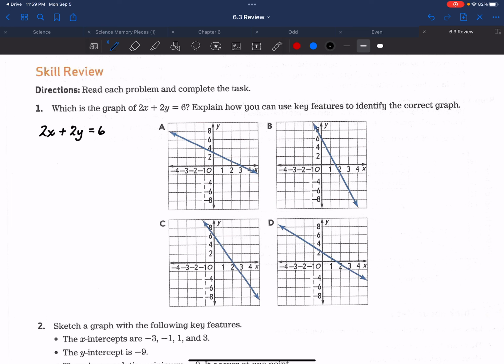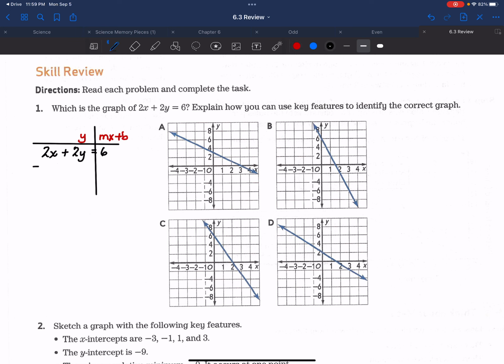Now be careful. It's very tempting to say, oh, that has a positive 2 slope. But remember, this is written in standard form. So we need to get it in slope-intercept form, and then we can make a decision about the slope. So y equals mx plus b.